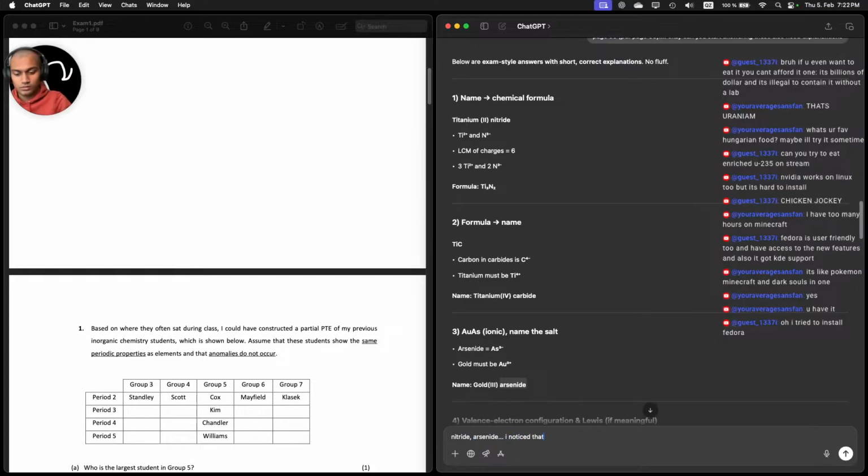Noticed. Three minus anion. But in the case of carbide, it's different. Could you explain on that?